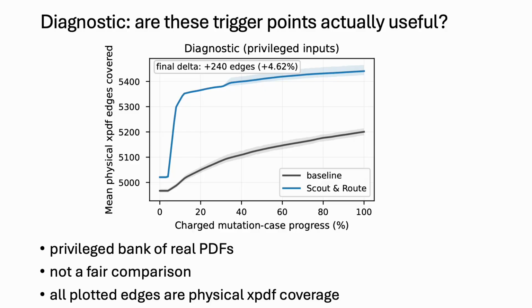The fact that this does so well compared to the baseline is evidence that the Scout part is working fine, but essentially the routing transformations are too weak to actually fix the seeds. Either the routing is too weak, or the hints are too weak, or some combination thereof. So unfortunately, that's why XPDF doesn't show very good results.